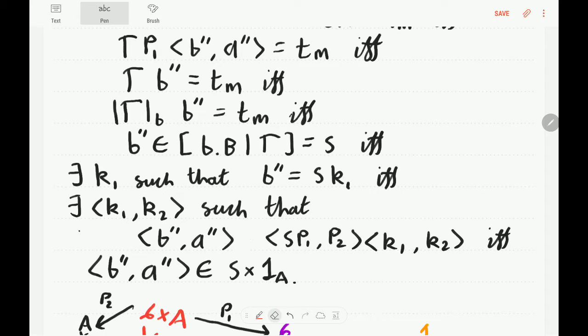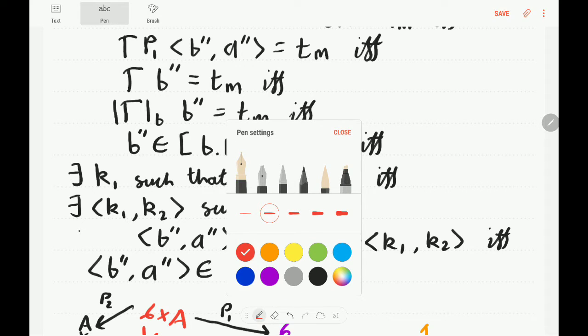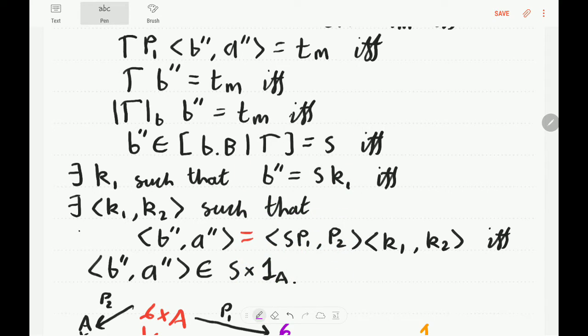Well, basically, I'm adding some sort of redundancy here, because if we can find K1 such that B double dash is equal to S K1, then we can use that same K1 here to get these first components matching up, because on the right we're going to have an S K1 as a first component, and on the left we're going to have a B double dash as a first component.